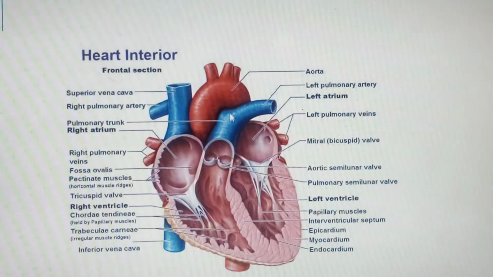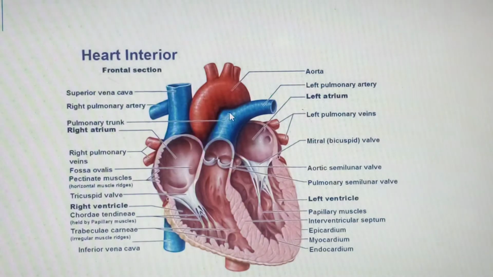You can see this pulmonary trunk also showing blue color, telling us that the blood within it is oxygen poor, and it bifurcates, dividing into two to give us the left and the right pulmonary arteries.